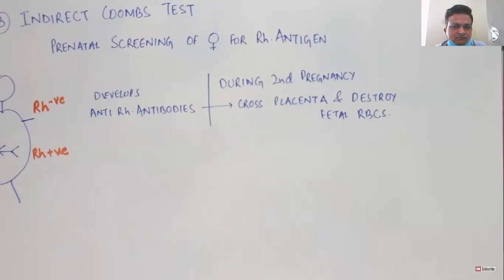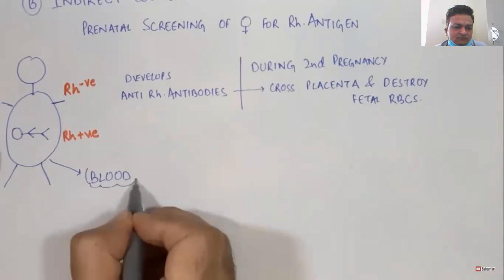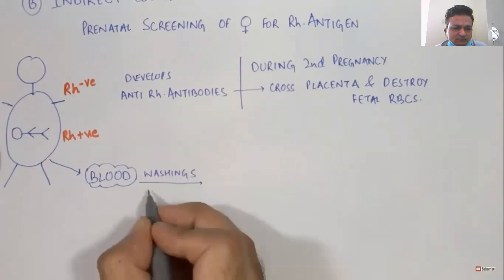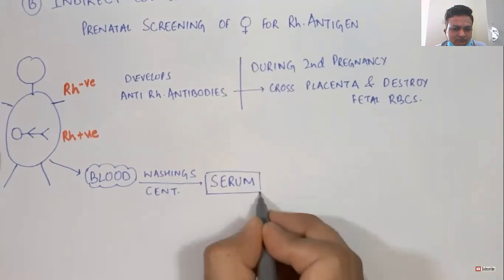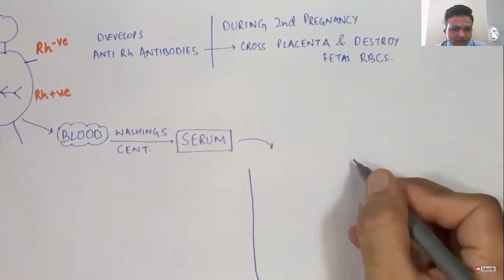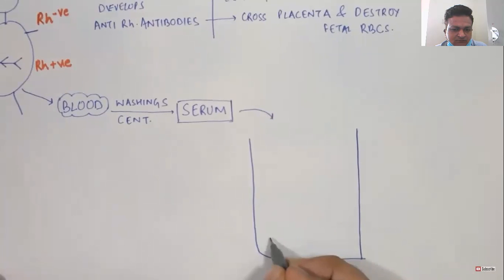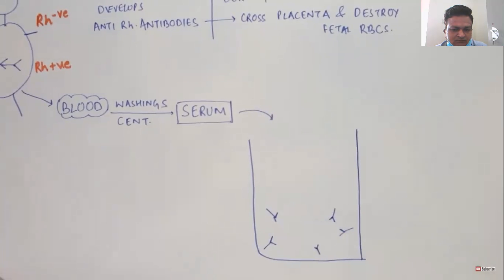So it is very important to detect those antibodies. So what we do is we take the blood from the female, and after some procedures like washing and centrifugation, we separate the serum from the blood, and we add the serum into a test tube, same as before. And here lie those antibodies, the anti-Rh antibodies.